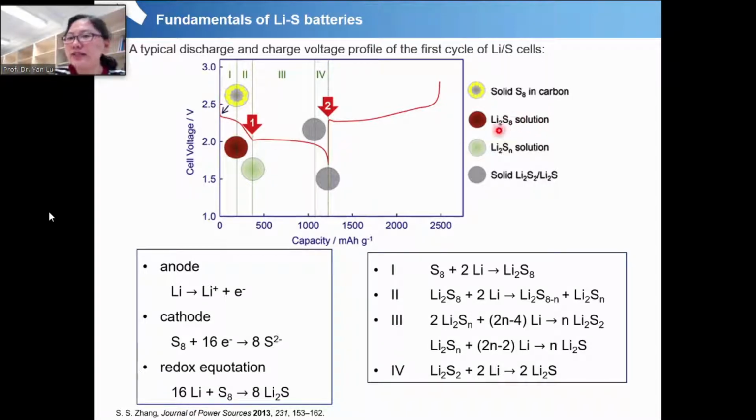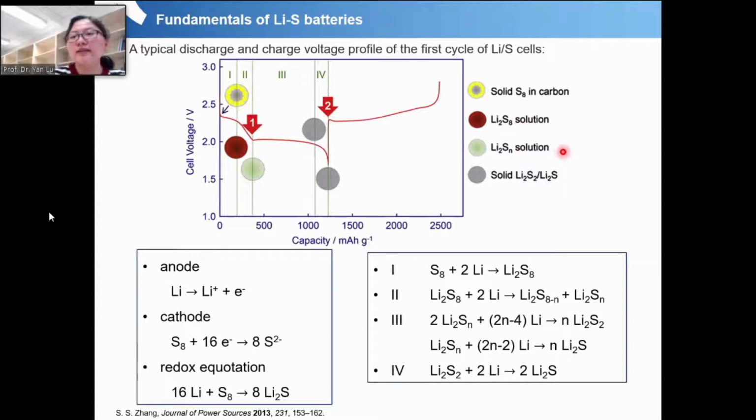And actually these are soluble in the electrolyte, so it's kind of a solution. Then at the last stage of the discharge, you will again form the solid state of lithium sulfide and lithium 2S2. So you have a solid to liquid and again to solid transition.